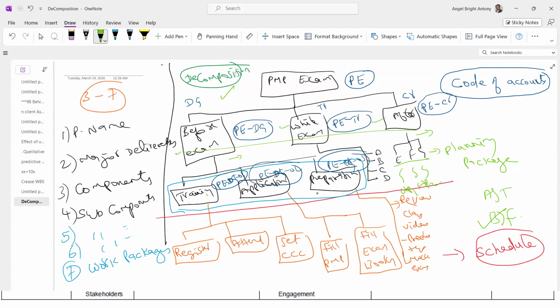Or it can be according to the department. So what I'm telling you is, the same project you can decompose, or you can structure, you can have different structures for WBS. What is the optimum structure? The right answer is the way you are managing your project. Yes, all of them will be hierarchy, by the way.